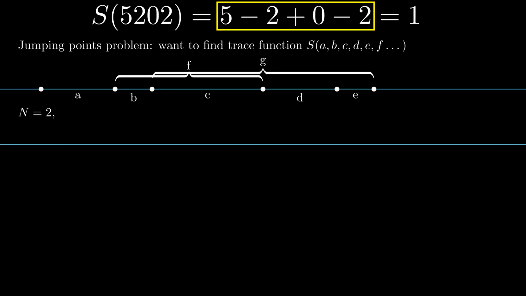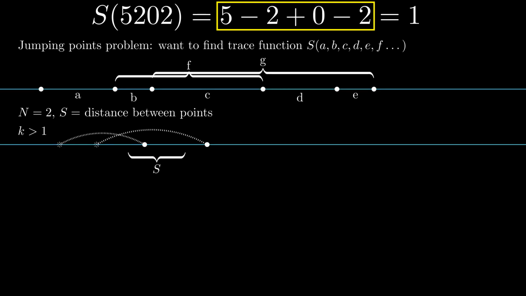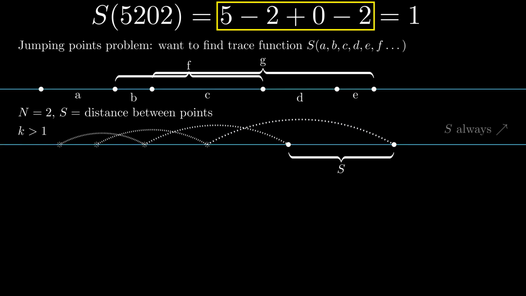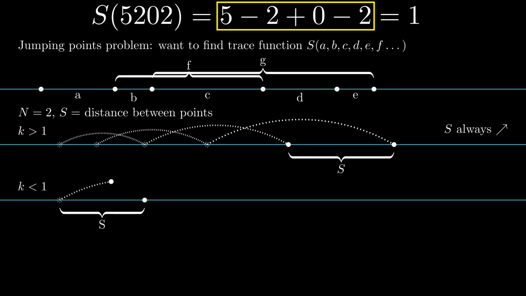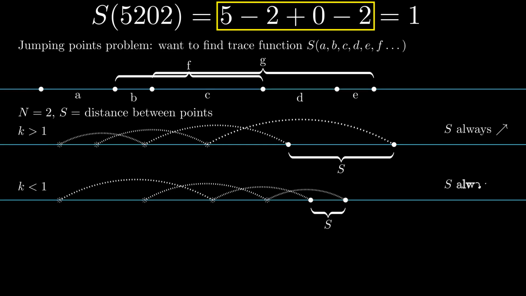Now consider again the example with 2 points. The distance between points has a semi-invariant property. It always changes unidirectionally. If k is greater than 1, it increases, and if k is less than 1, it decreases. We want to find something similar in the general case.